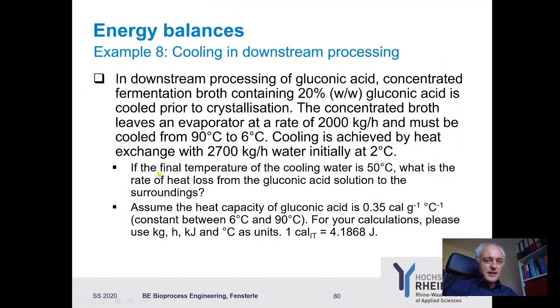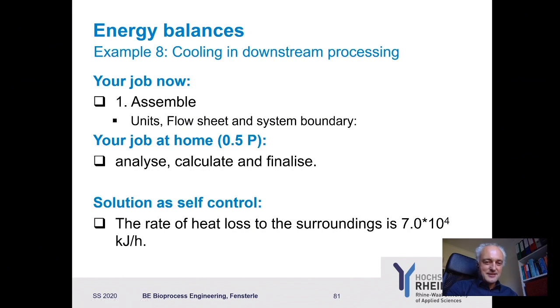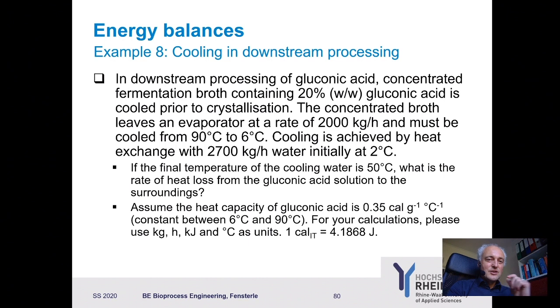So we come to example 8, and this is the homework, and therefore we wanted to come here. So now we have the process cooling in downstream processing, and there we have the processing of gluconic acid in a concentrated fermentation broth containing 20% gluconic acid, and this is cooled prior to crystallization.